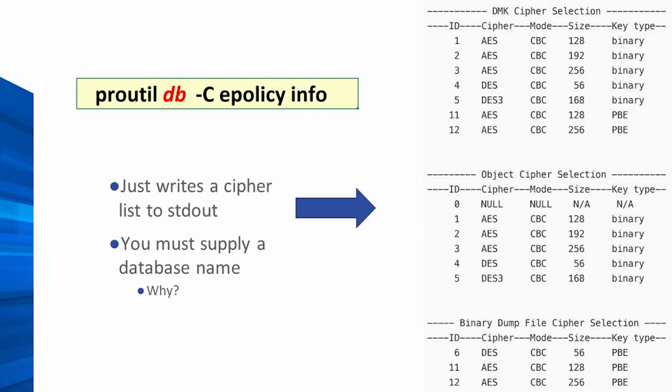And here's the epolicy info. Literally all it does is write to standard out a list of the ciphers that are available in your release for the database master key and for object keys and also for binary dump keys. Although it's completely generic, it does require you to specify a database. I don't know why.